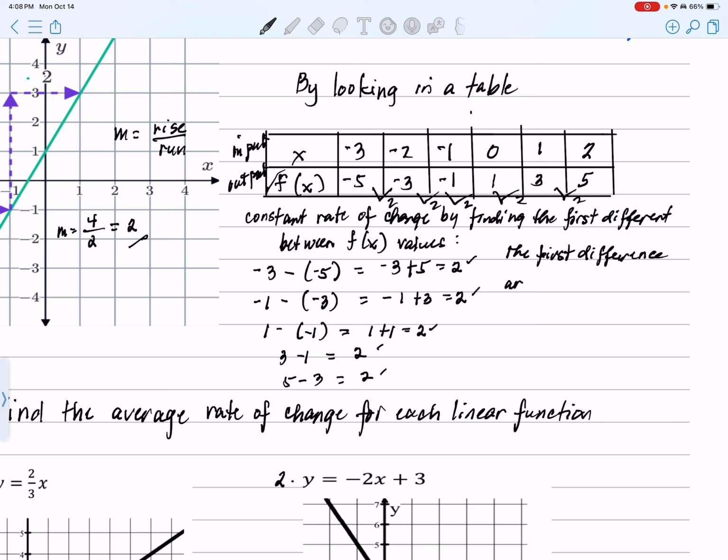Be sure you can make some statements when you're asked to explain. So what does it show? It shows a constant rate of change. So the rate of change here is constant.